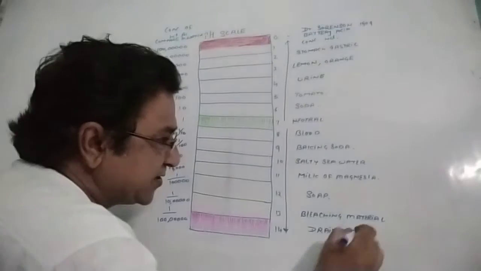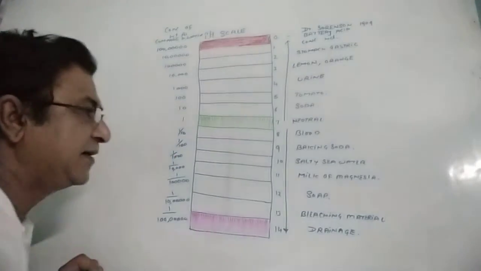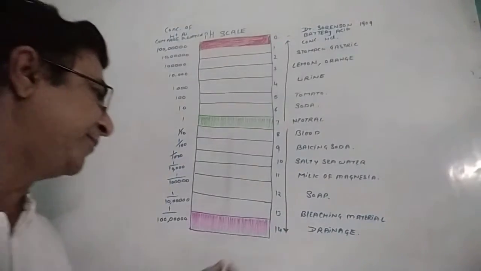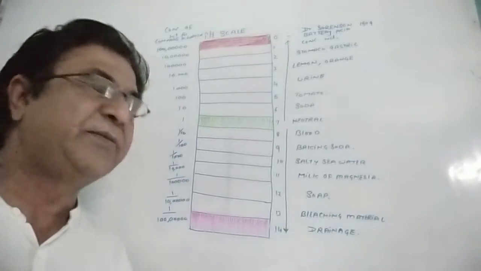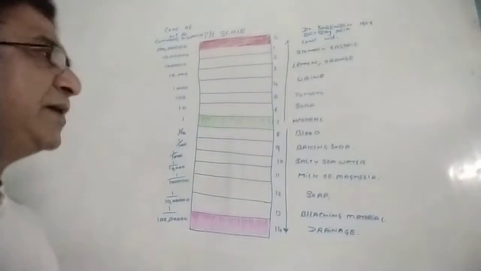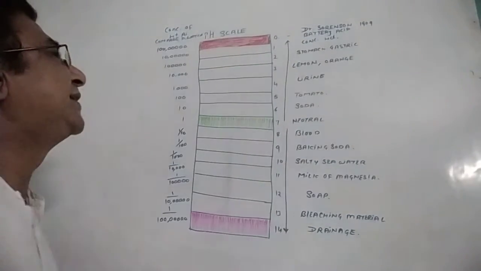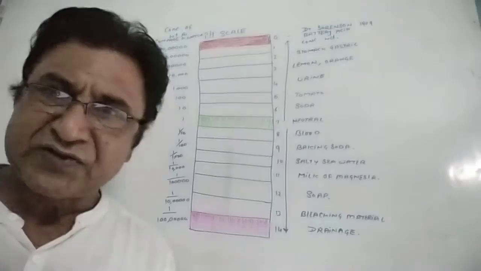The material used for drainage has maximum basicity, that is basic in nature, about pH 14. So remember these few examples connected to the pH scale.